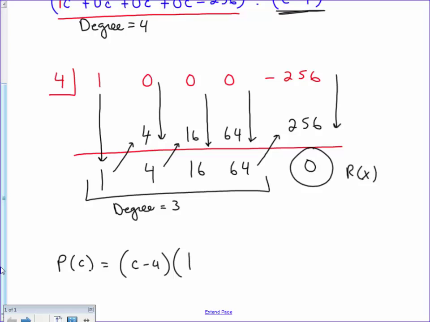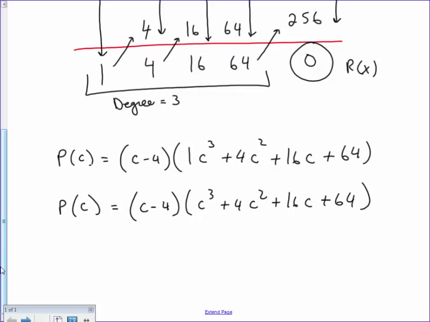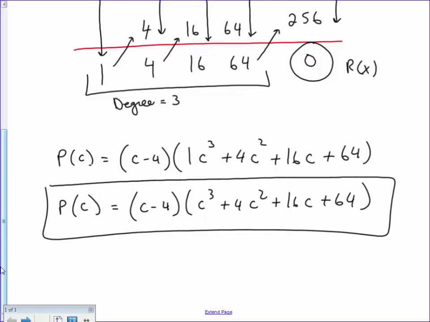Our answer would be 1c to the third plus 4c to the second plus 16c plus 64. And then on this one, you don't need a remainder because your remainder was 0. The only thing I see wrong with this answer is that I have an extra 1 in there that I don't need. So I would just take that 1 out. Just write the first term here as c to the third, 4c squared, 16c, and plus 64. And then this would be your final answer.